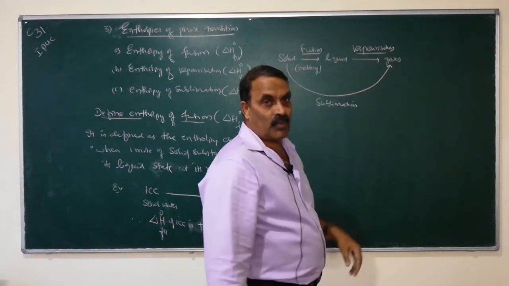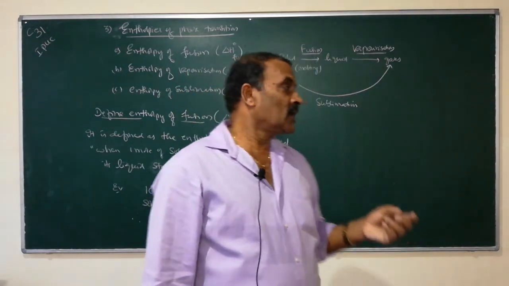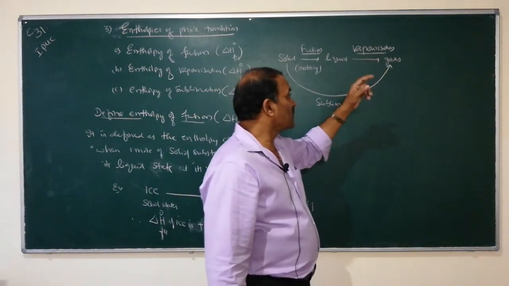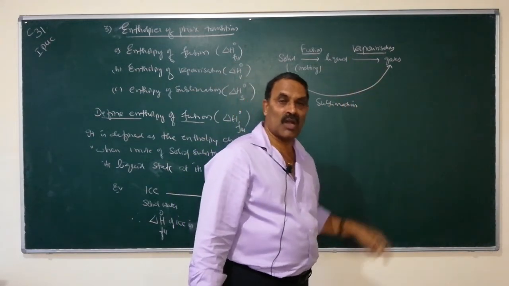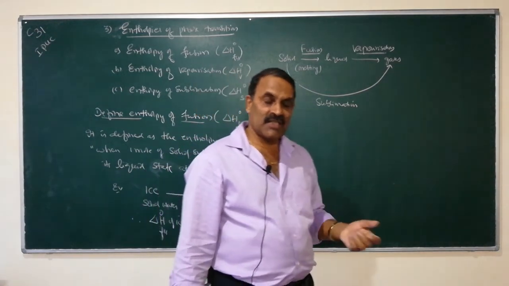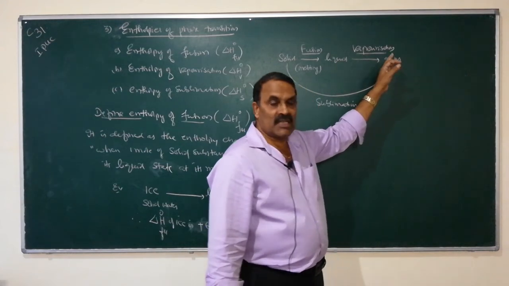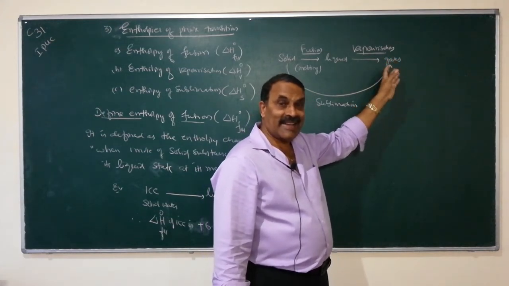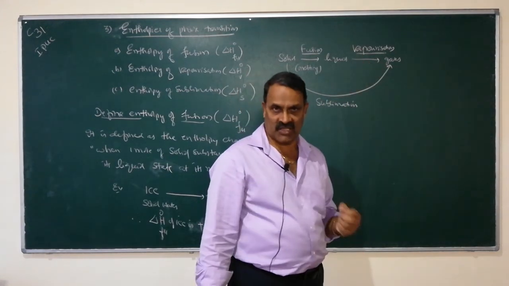So what is enthalpy of vaporization? It is defined as the enthalpy change produced when 1 mole of a liquid substance is converted into its vapor state at its boiling point is called enthalpy of vaporization.